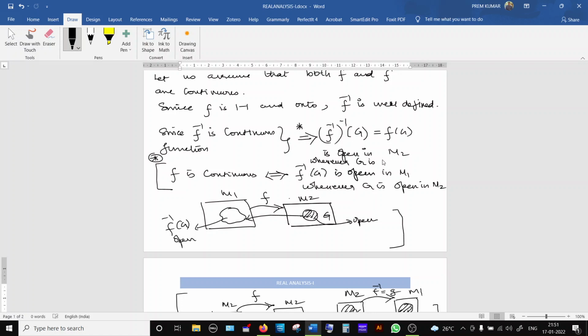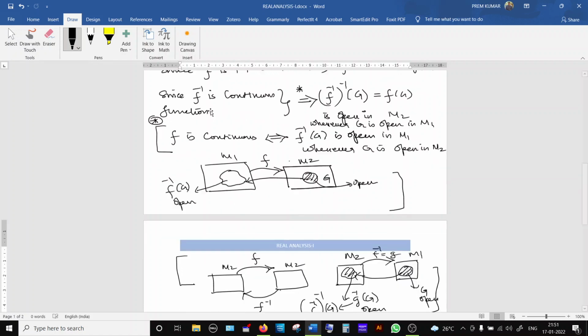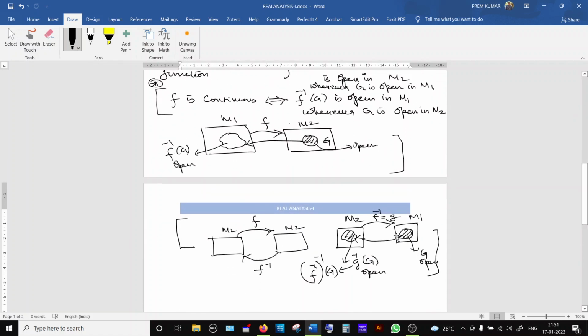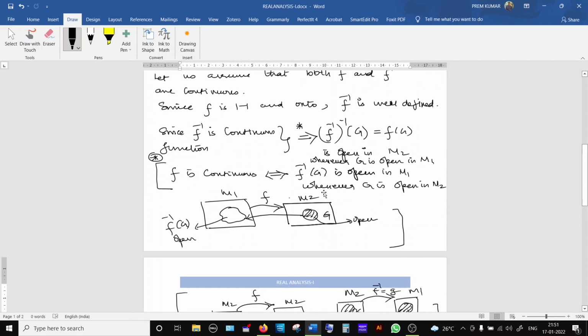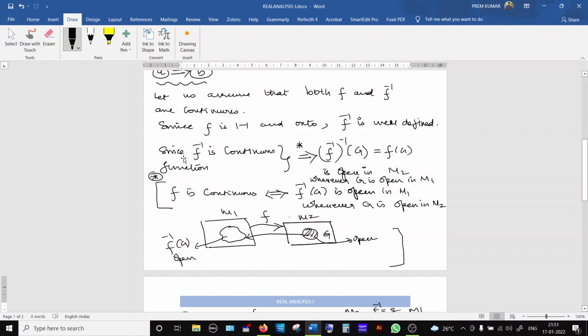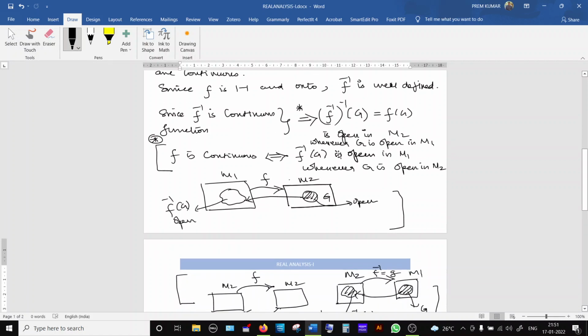Whenever G is open in M1, you have to be very careful. That's why I drew this: G is open in M1. So by this theorem, since f inverse is continuous, we got this result. Finally, f of G is open in M2.